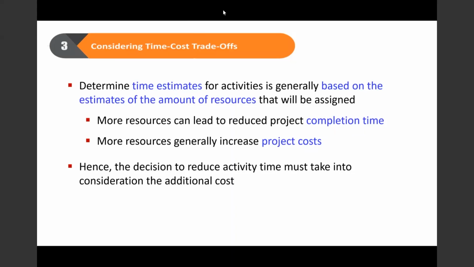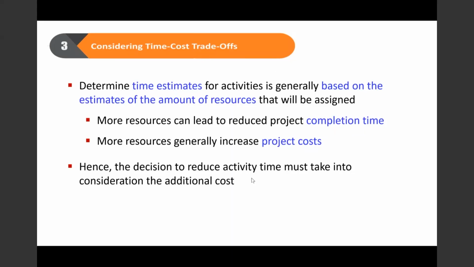Which is to consider the time cost trade-off. When we are determining the time estimates for the activities, the project manager bases their estimates on the amount of resources available to them, resources such as workers or equipment that they can assign to the activities.